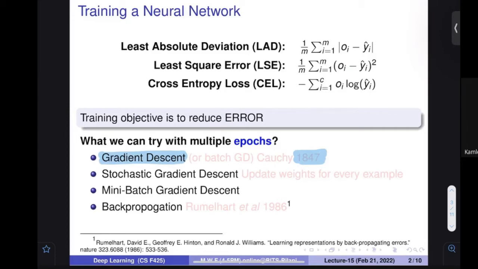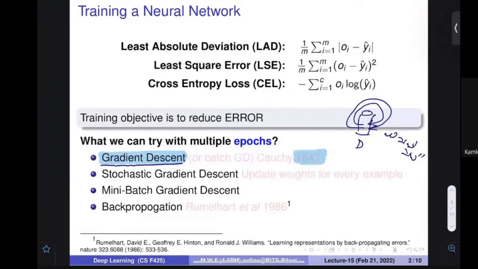If you have a database and you have the parameter w, then using this database you reduce w to w dash, then again scanning the same data, w dash to w double dash. So you are changing your parameter step by step, and because it is gradient descent, your error is going to reduce.